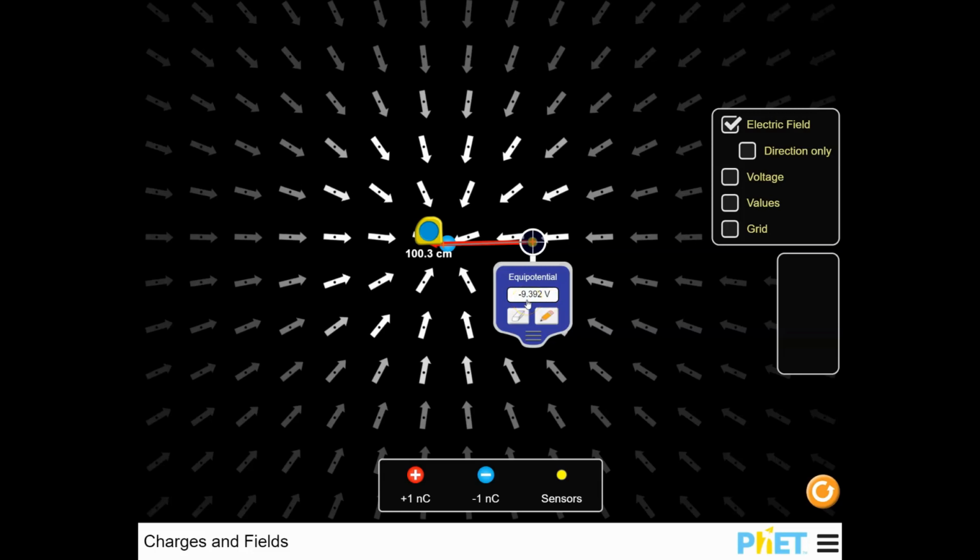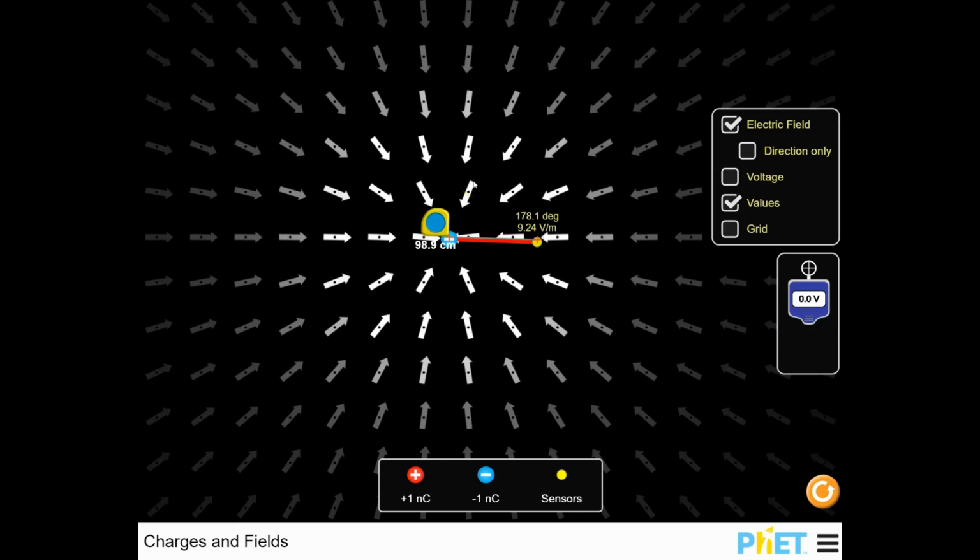So we could call that -9 volts, and -9 just meaning in this direction, kind of like a number line to the left of 0. And then the middle column, the field strength, that is volts per meter. That's actually done for you, where you can click values, and it tells you right there. You don't have to worry about the degrees. But you have 9.9 volts per meter.